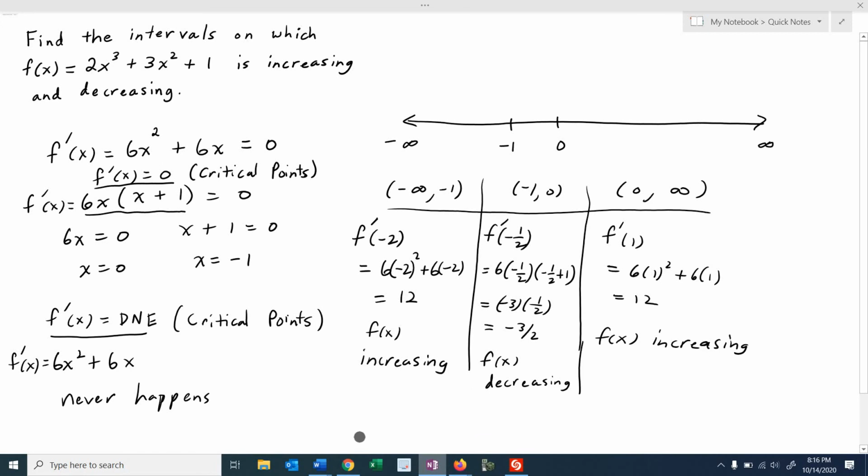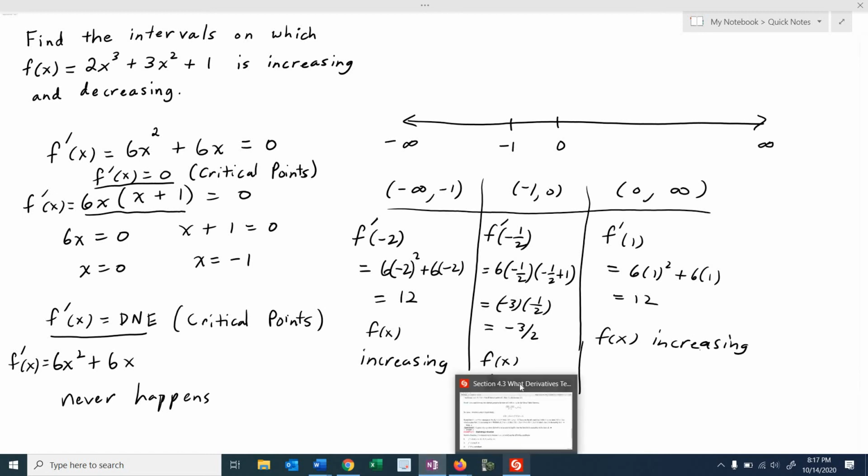So if we want to put a cap on this problem, the function's increasing in this interval and in this interval, and it's decreasing in this interval. Later on, we're going to take this information and use it to help us graph the function.